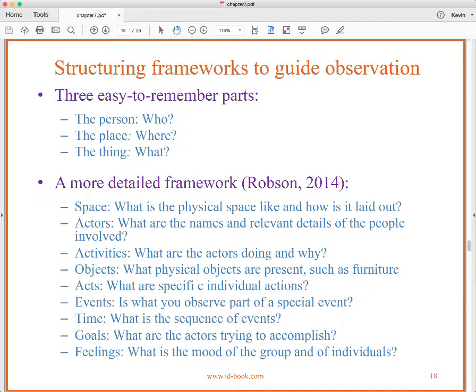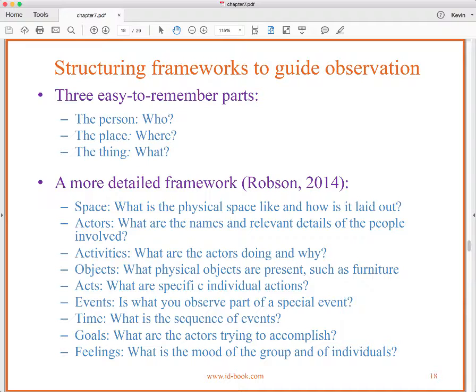These are basic categories we want to make sure we cover when we're observing and collecting our observations, so that when we get back we're going to have useful data. A more detailed framework from Robson has a lot more categories: space, actors, activities, objects, acts, events, time, goals, feelings.